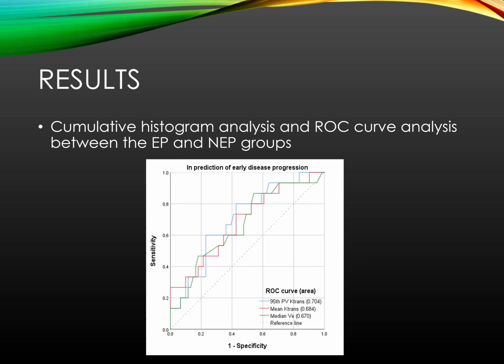ROC curve analysis was also performed to assess the prognostic performance of mean K-trans and median VE, which were statistically significantly different between the two groups. The AUC values of mean K-trans and median VE reached statistical significance in prediction of early progression.